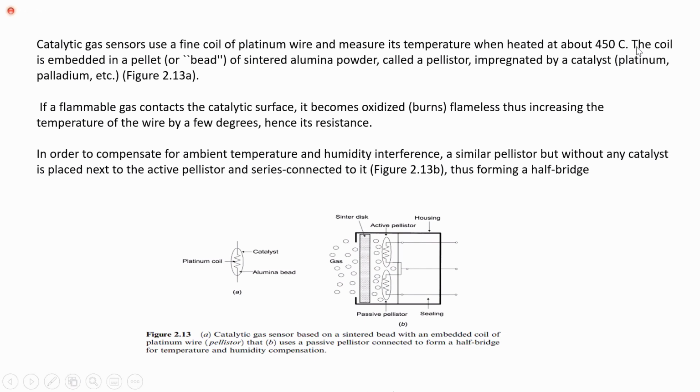So this is one type of RTD to estimate the quantity of the gas. When the gas mixes with the oxidized material, it gets heat energy, and because of that the wire resistance will increase.